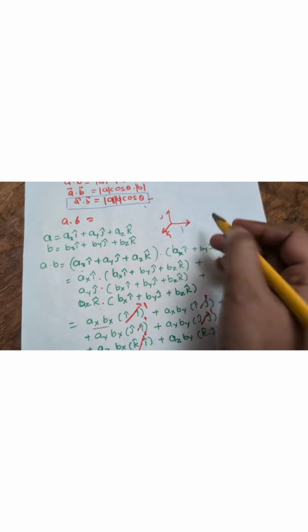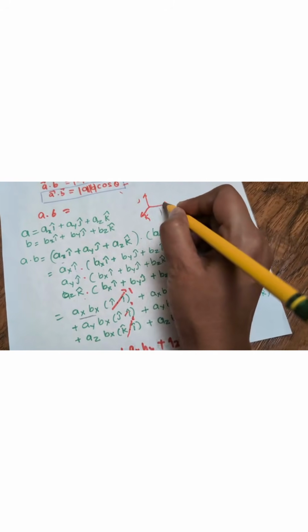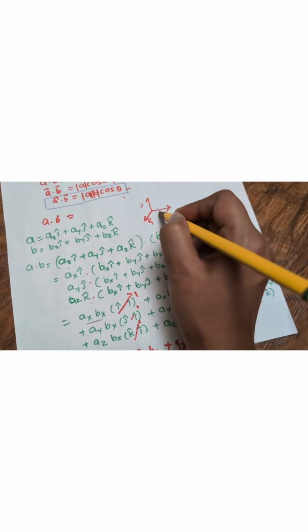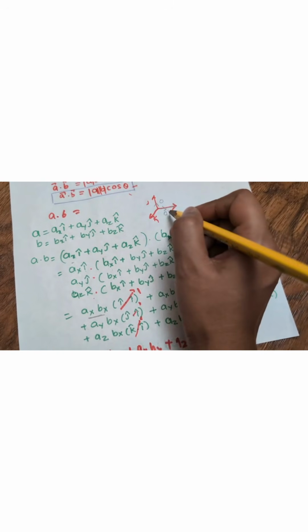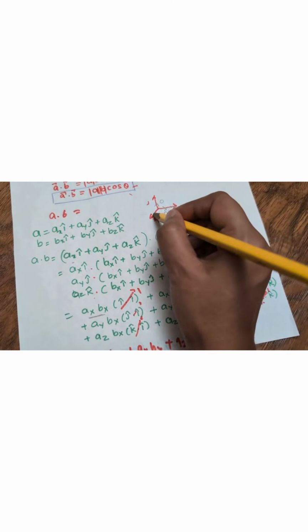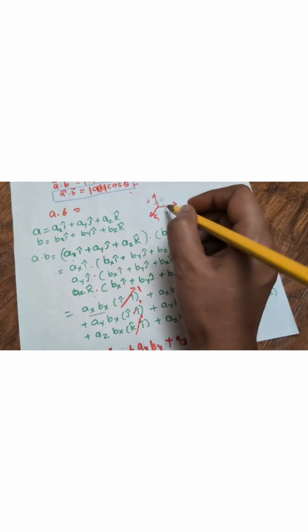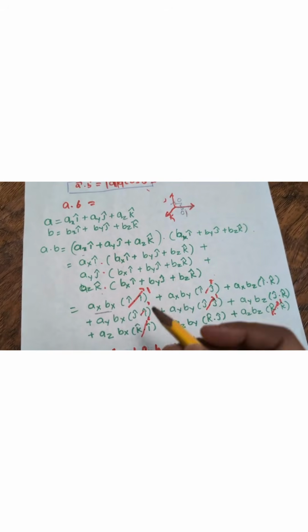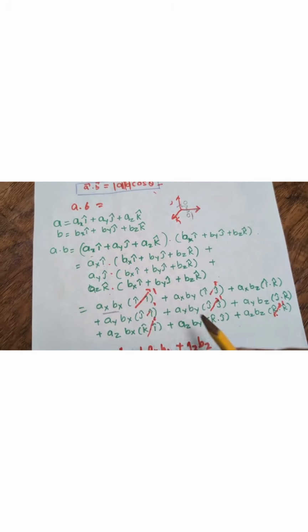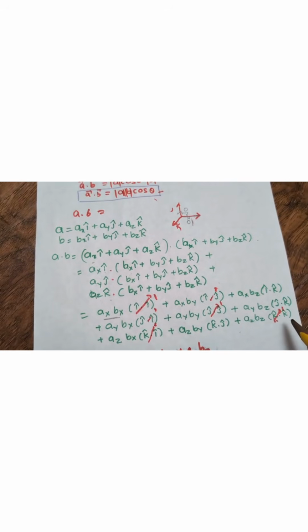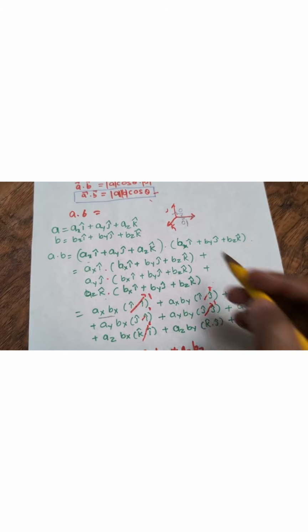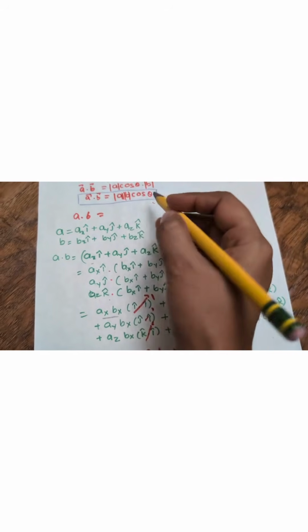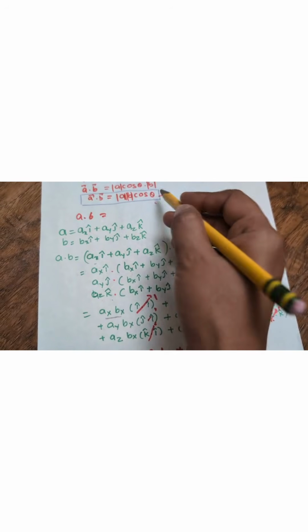The value will be 1, and for a vector along itself, the angle will be 0. j along j, the vectors make 0 angle, but when i with j, j with k, or k with i, they always make 90 degrees to each other. So when we put i dot i, j dot j, or k dot k, that means a unit vector dot product with the same unit vector, it will always give you the value 1, because cosine of 0 is 1.